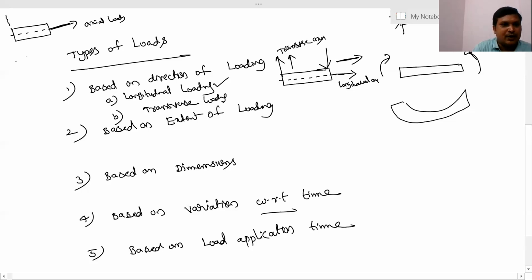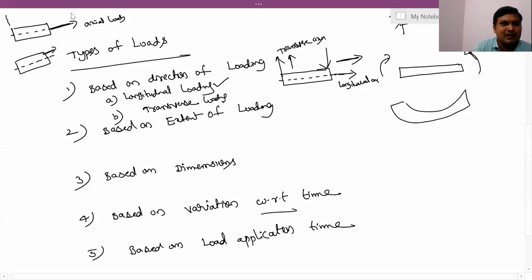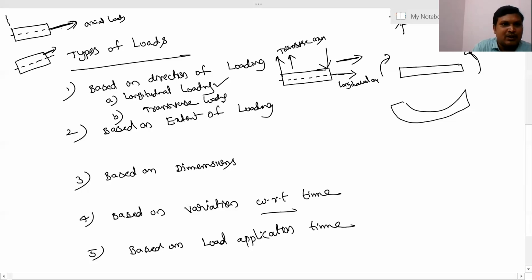Otherwise, for another member, if the load is parallel to the longitudinal axis but not exactly on it, with some distance from the longitudinal axis, this is called eccentric loading.